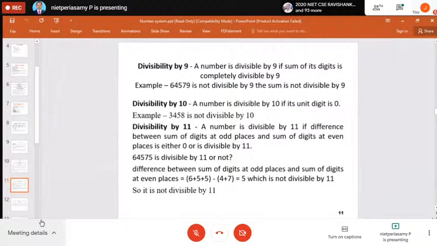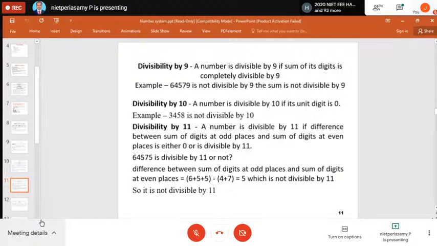So this one is the divisibility by 11. I will explain this divisibility test of 11 with one example. Take 64,575. We have to check whether 64,575 is divisible by 11 or not.